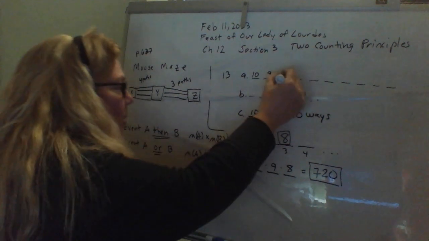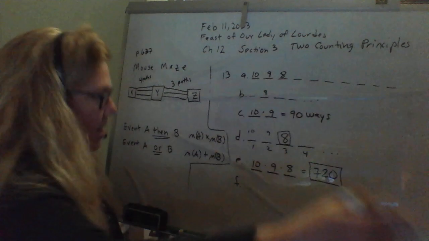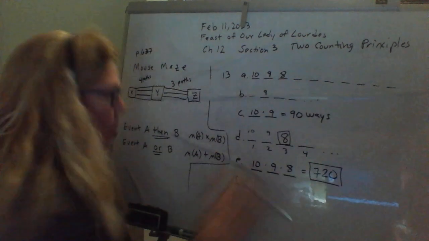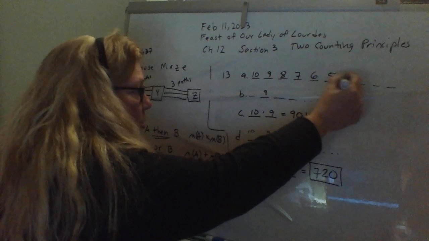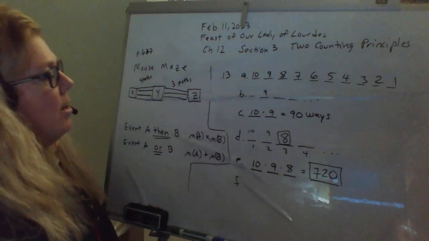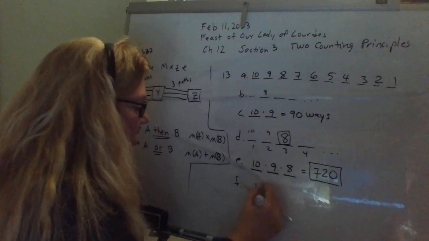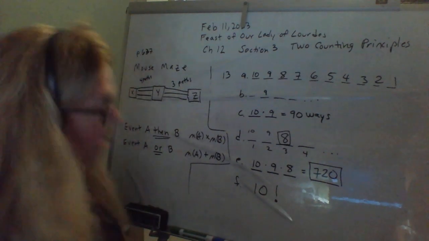Now there's only 8 people. I pick somebody and I put him down. Now there are 7 people. Then there are 6 people. Then there are 5 people. 4, 3, 2, 1 person left. So isn't that the same thing as 10 factorial? Yes.